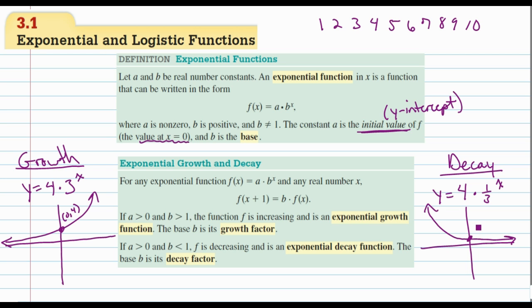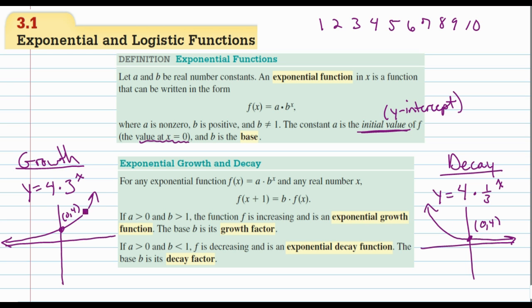Now this y-intercept, or initial value, if I plug in 0, 1/3 to the 0 is 1, 1 times 4 is 4, still (0, 4). This is exponential decay because its rate of change is decaying. See, it's changing very quickly here. It's decreasing very, very quickly, and now it's slowing down, it's leveling out. So its rate of change is decaying.